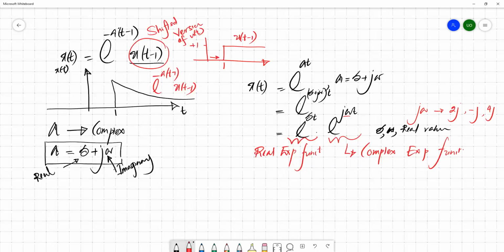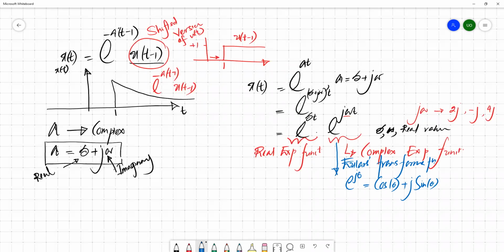Then we can apply the inverse transformation to expand this exponential. We know that e to the power j theta can be converted into cos theta plus j sin theta.